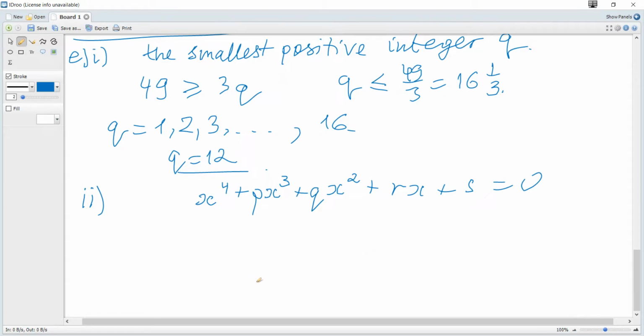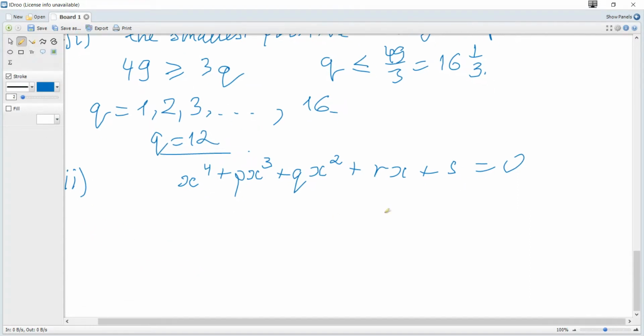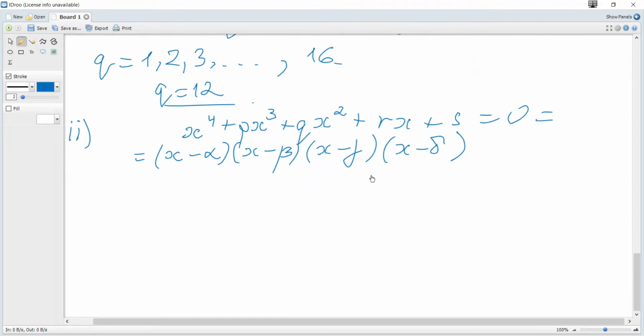In a similar way to the cubic equation, it can be shown that p is, q is, r is and s is. So again, if we know the roots, it can be rewritten as x minus alpha multiplied by x minus beta multiplied by x minus gamma multiplied by x minus delta.